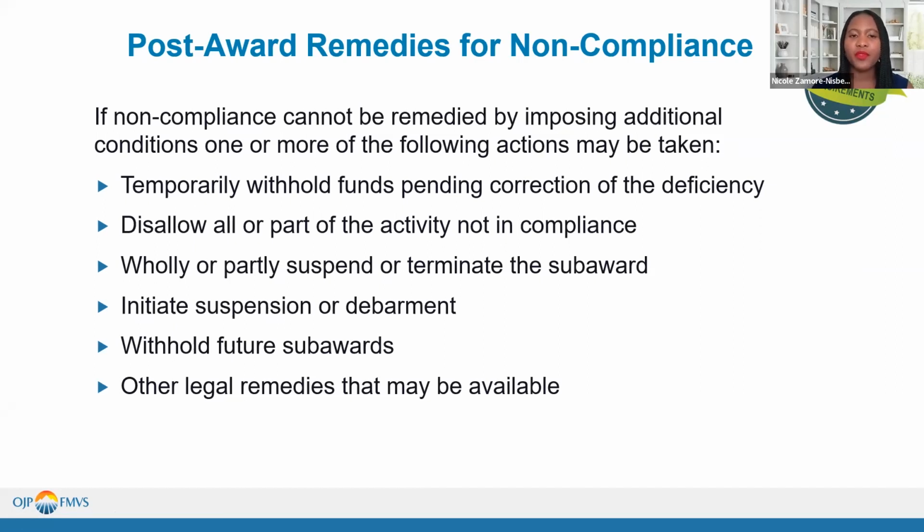You may temporarily withhold funds pending correction of the deficiency, disallow all or part of the activity not in compliance, wholly or partly suspend or terminate the subaward, initiate a suspension or debarment, withhold future subawards, and you may also follow other legal remedies that may be available to your organization.